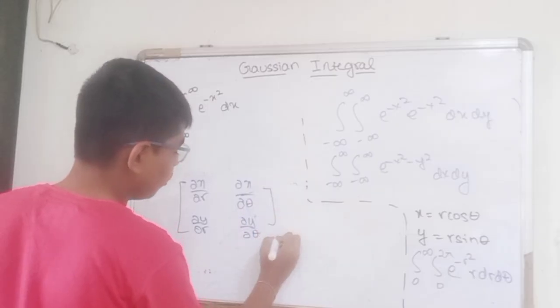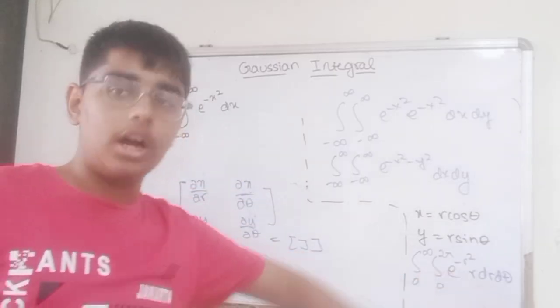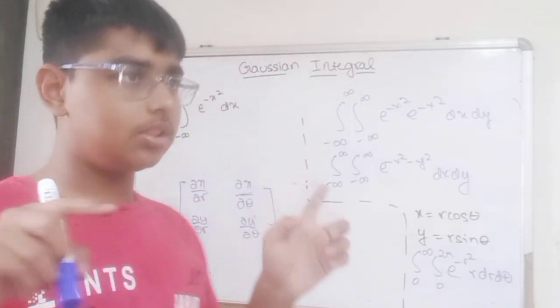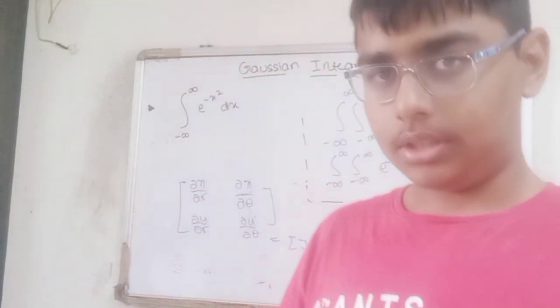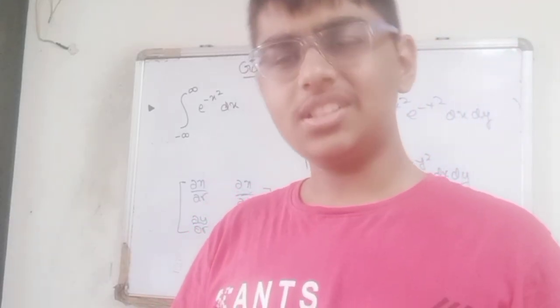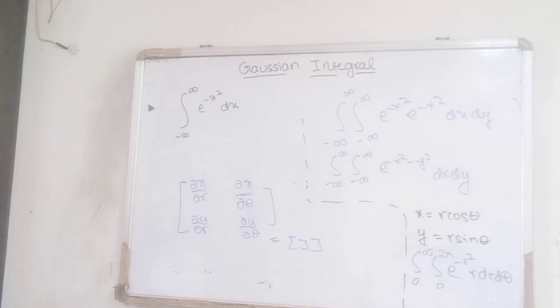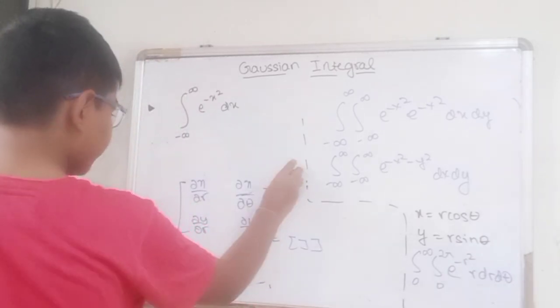This is known as the Jacobian, and this is the term we get here, r. So we can say dx dy equals Jacobian times dr d theta. If the Jacobian were 1, we would have a 1-to-1 linear transformation, but it is r, so it is not a 1-to-1 transformation. Now let's continue with our derivation.